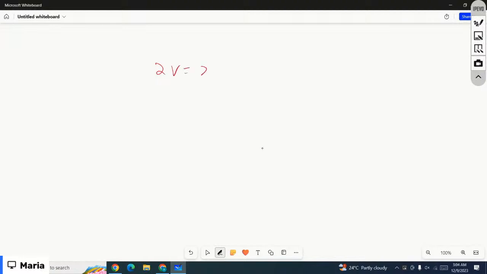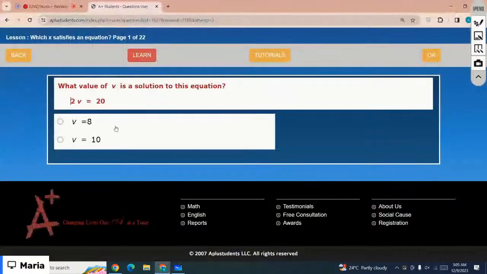So 2v equals 20. You need to perform the reverse operations. Here 2 is multiplying v, and the opposite of multiplication is division. You need to divide both sides by 2, right? 2 and 2 cancel out. You are left with 20 divided by 2, which is 10. So v equals 10. Got it? The correct option is v equals 10.